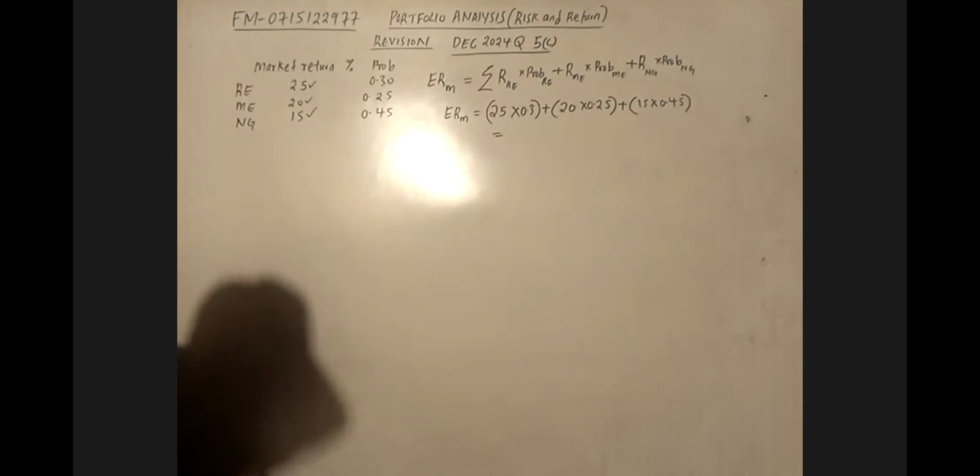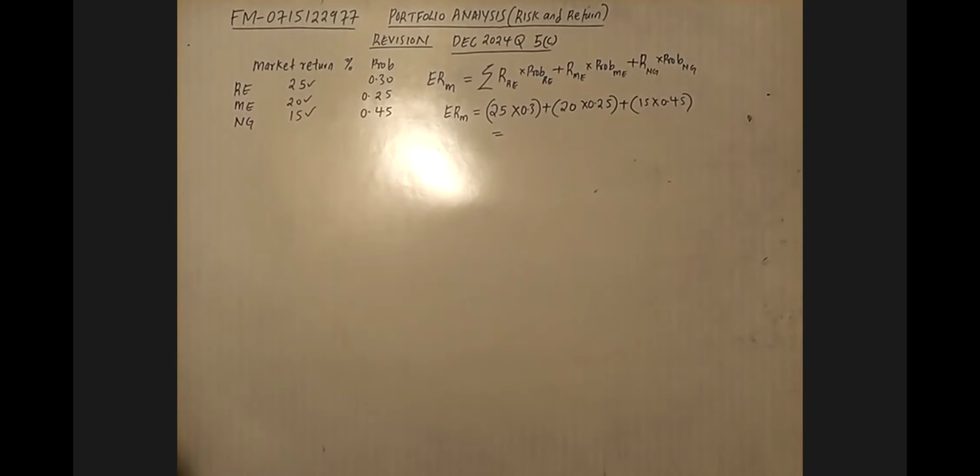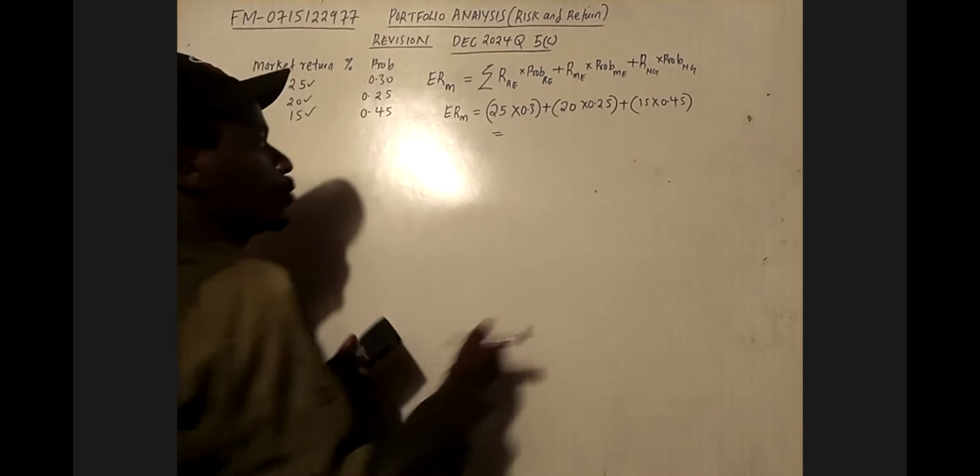So find the answer to that one. It will be 25 times 0.3, 20 times 0.25, then 15 times 0.45, which is equal to 19.25%.